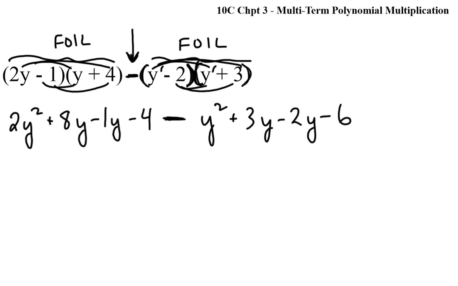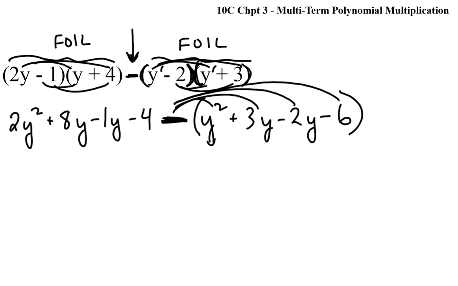But we have to be careful with subtraction. We don't want to just subtract y squared. We want to subtract everything in that second multiplication, because a subtraction sign needs to distribute to every term, because a subtraction sign changes signs. It's like I'm multiplying everything by negative 1.